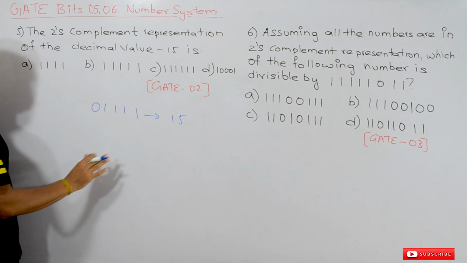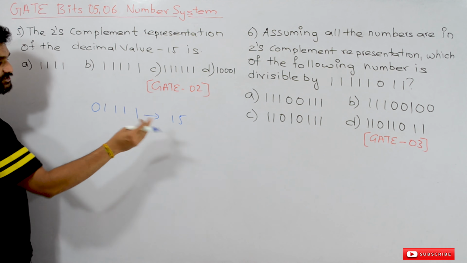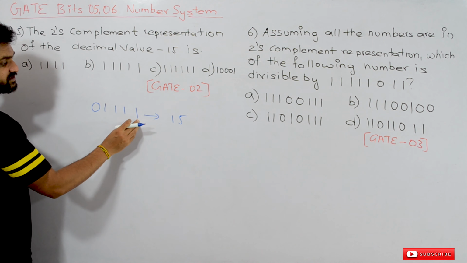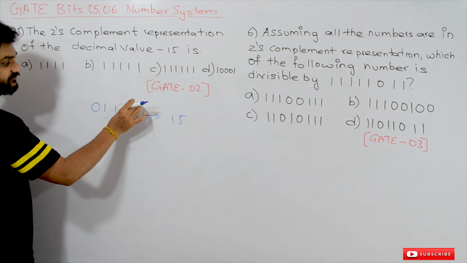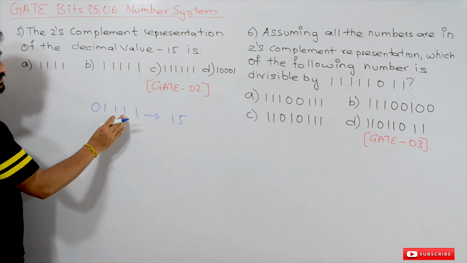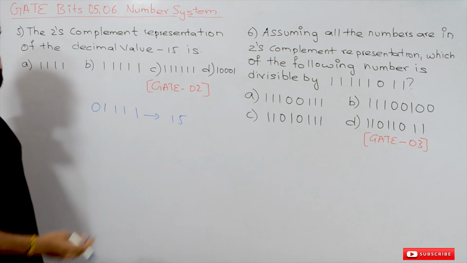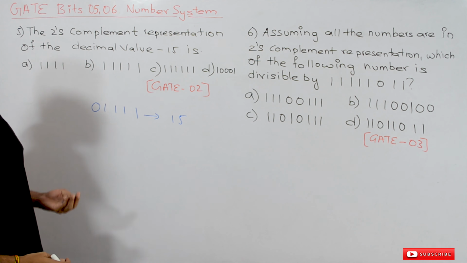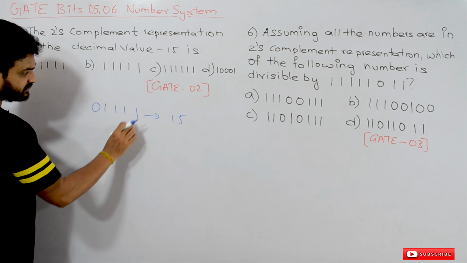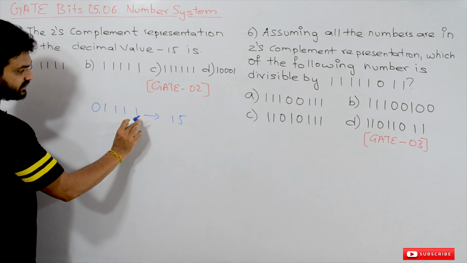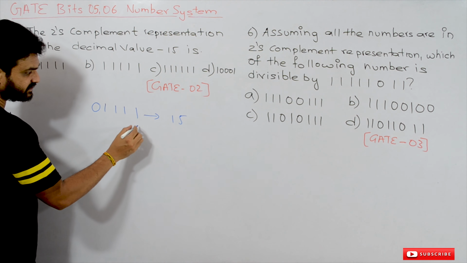So how to do that? How to do the 2's complement in the shortest way? Shortest way means start from the LSB. Until we find the first one, keep all the bits as they are. This is the first one in the entire binary representation.